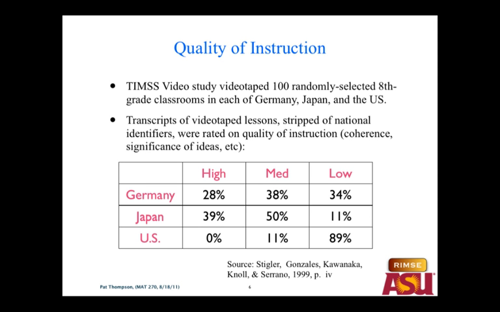What do you think they meant by high quality instruction? What kind of criteria were they looking for that would be classified as high versus low? Okay, students participating. Okay, student interaction. No, this was 8th grade math classrooms. This was 8th grade math classrooms.